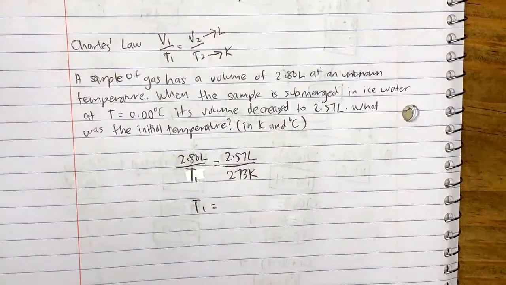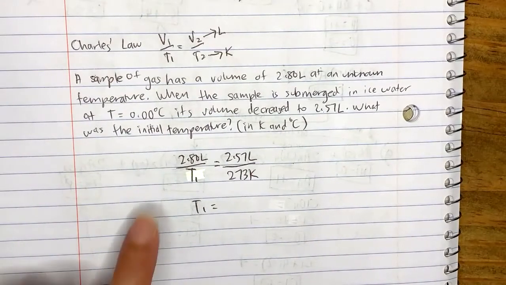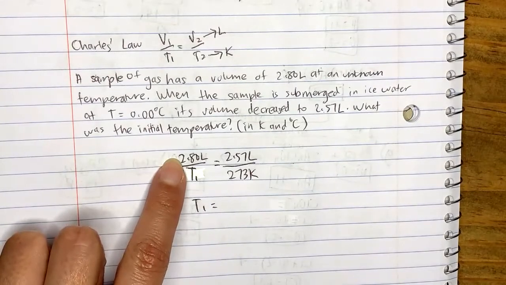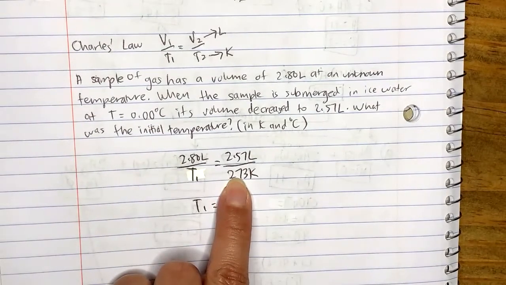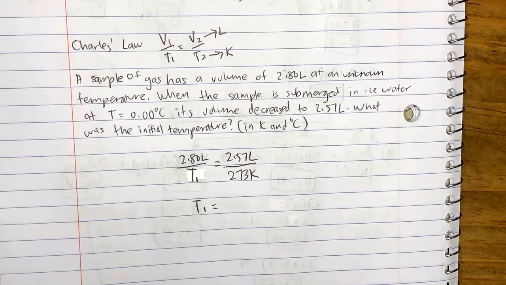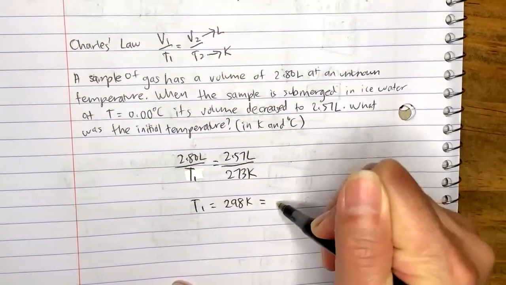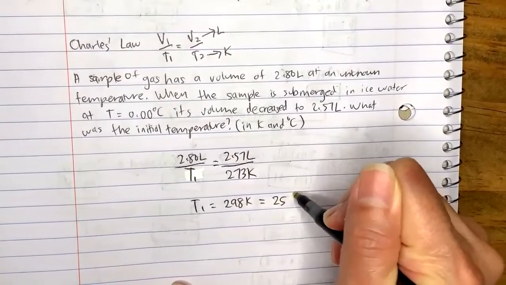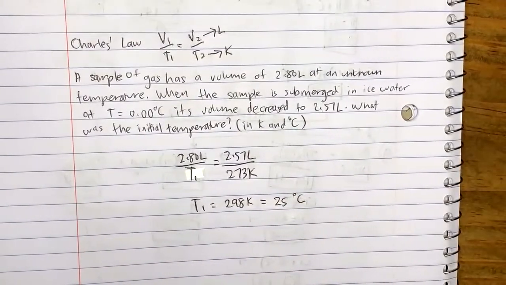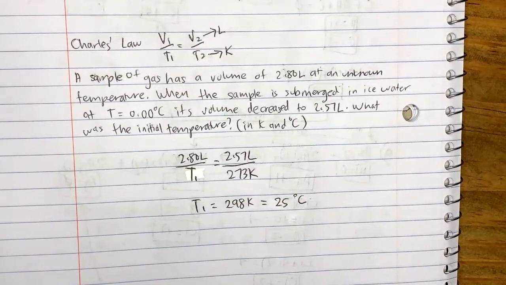You'll basically have to take 2.80 times 273 and then divide by 2.57, okay? So when you do that on your calculator, you get 298 Kelvin, and that equals 25 degrees Celsius. So hopefully everyone's pretty good with your algebra. You know how to do that. So that was Charles' law.